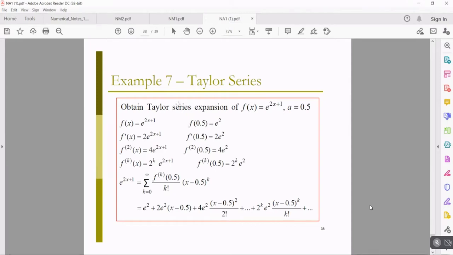Then we obtain their values at the point 0.5, because we want to expand f(x) = e^(2x+1) at the point a = 0.5. After substituting these values, we get this kind of Taylor expansion, and we have written all the terms here.